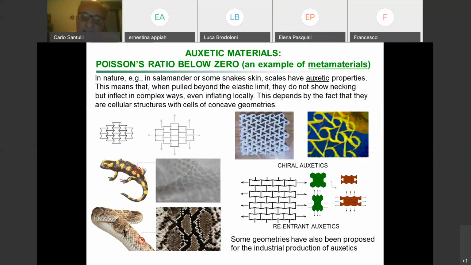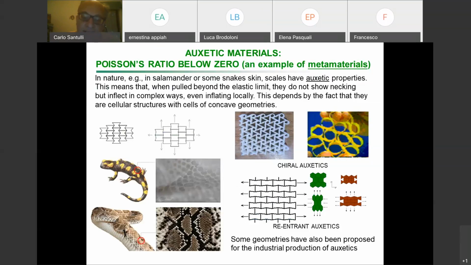So you can see that the re-entrant auxetics, for example, are constituted by hexagons which, instead of having a convex shape, are concave.